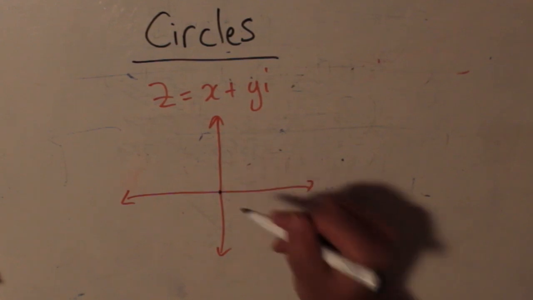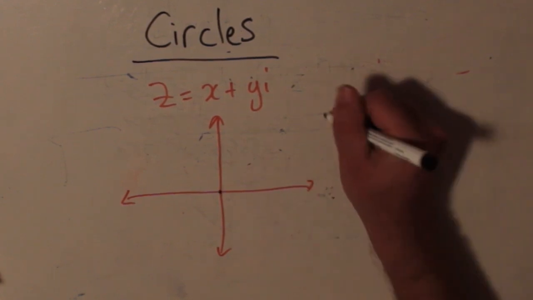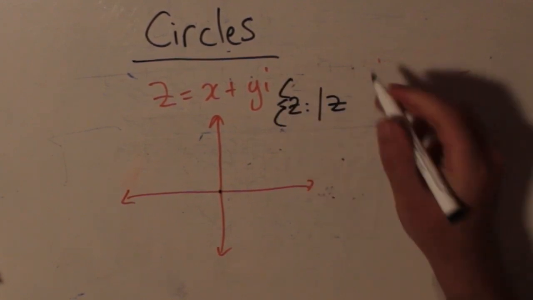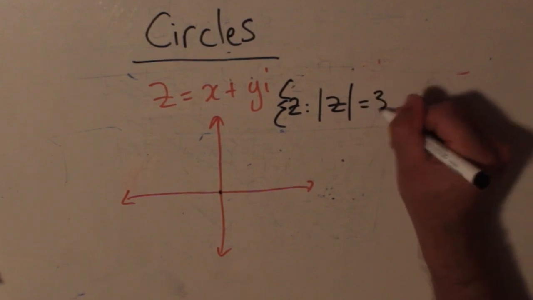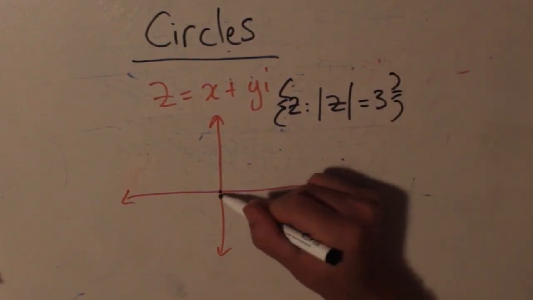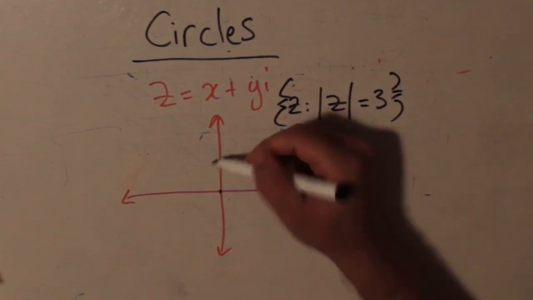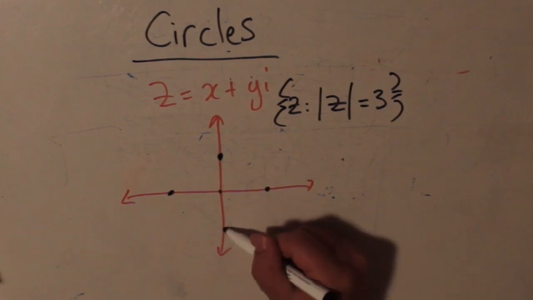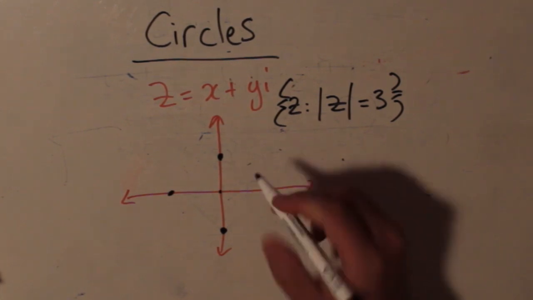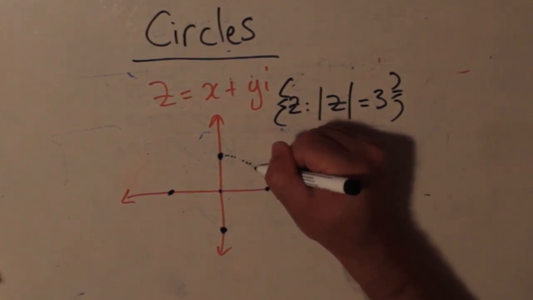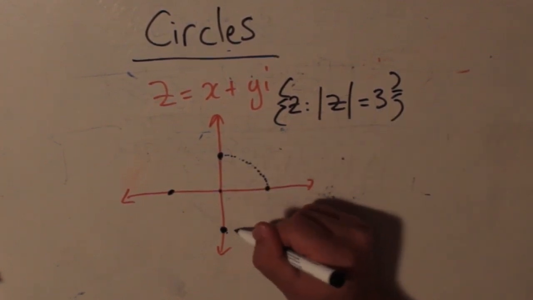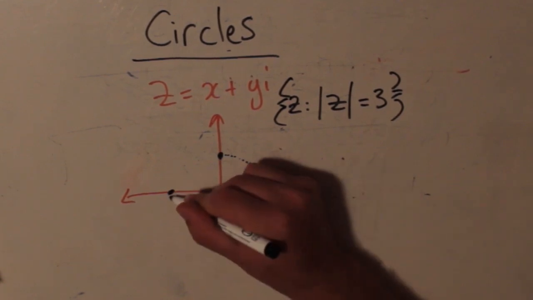So if I wanted all Z in a set such that the magnitude of Z is equal to 3, I could think 3 plus 0i, 0 plus 3i, negative 3, or 0 minus 3i. But I could also get all the numbers in here that have a distance of 3 from 0. So it's like you're getting a radius, a radius of a circle.